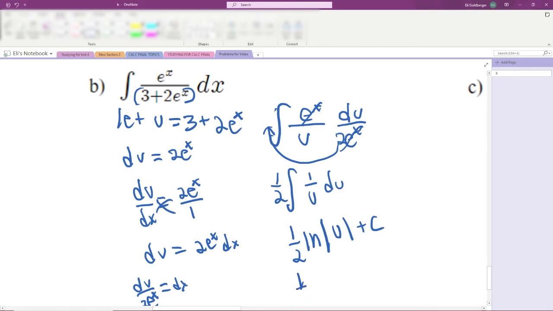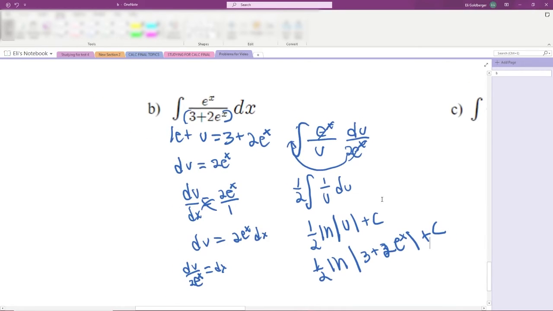And now we're almost at our answer. All we have to do is substitute u back in for 3 plus 2e to the x and add a c. And that's our answer. Sorry I ended up writing crooked.